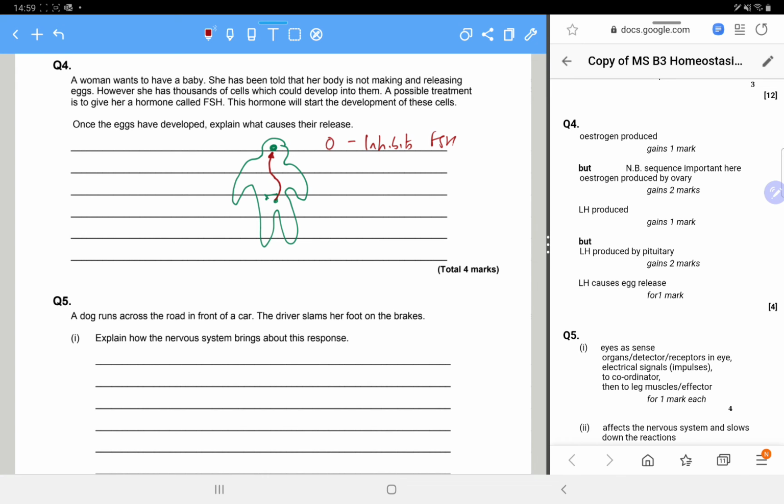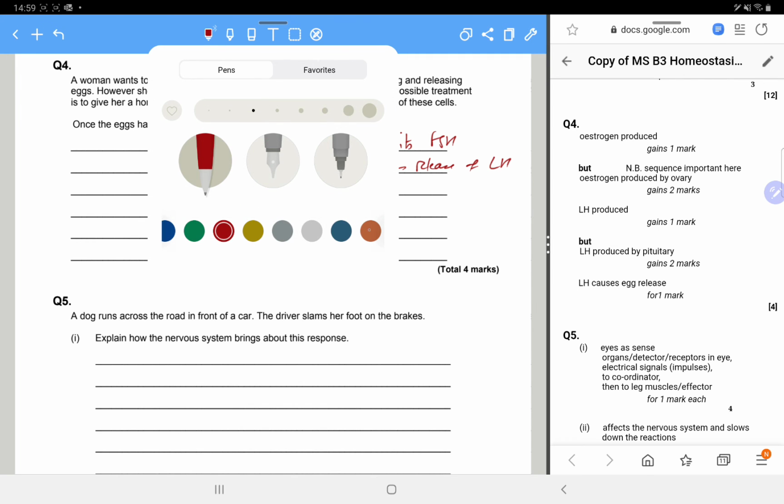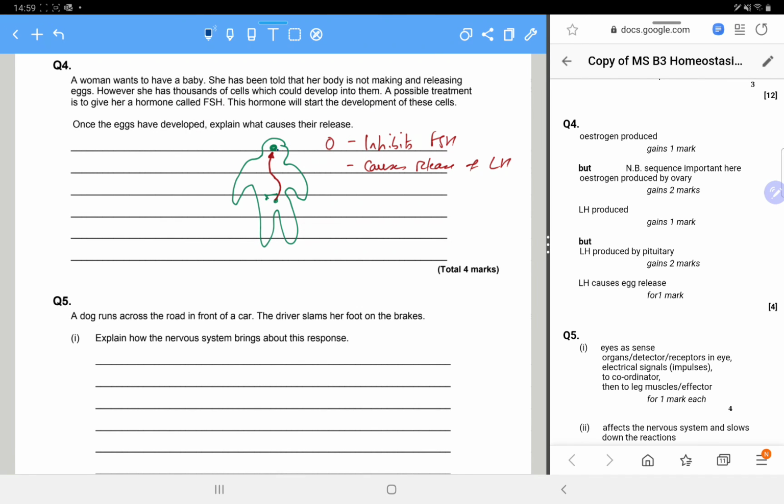That's not on the mark scheme, but it's extra information and it can't do any harm, and it causes release of LH. LH is released from the pituitary, goes back to the ovaries, and LH causes release of the egg. Are you familiar with that process? Hopefully so.